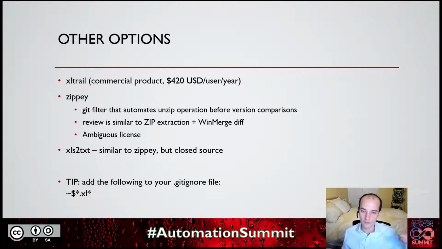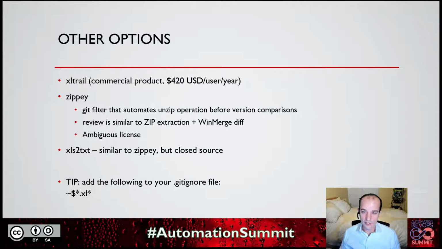However, if you think back to the WinMerge example I gave earlier, where we opened up two different extracted Excel files after I made a one character change, remember that was very ambiguous to a human like me trying to understand what exactly changed. So it's ambiguous to a human reviewer. It's also ambiguous from a licensing perspective because it has no license stipulated. So if you were to try and use this in a commercial setting, that may be problematic from a licensing perspective.